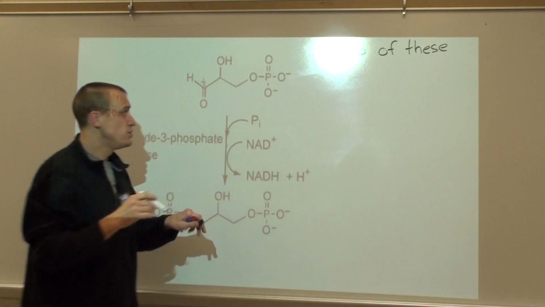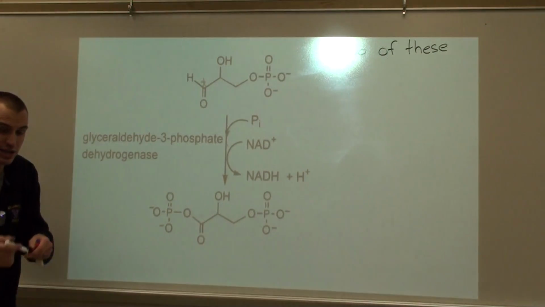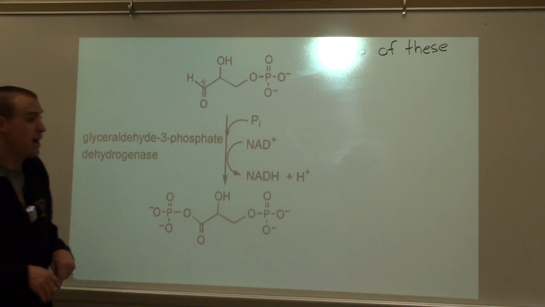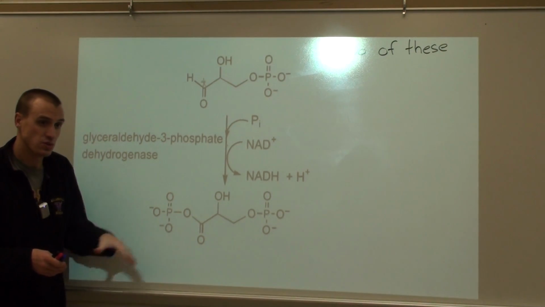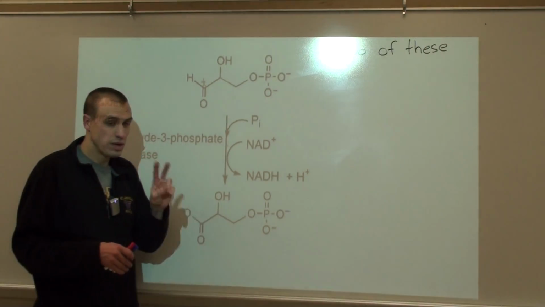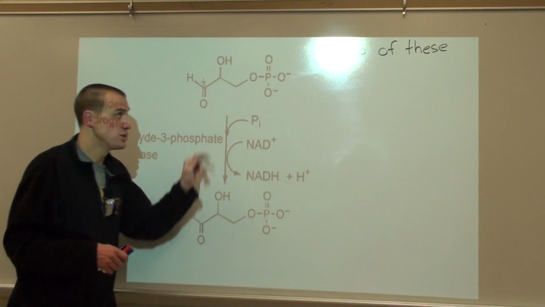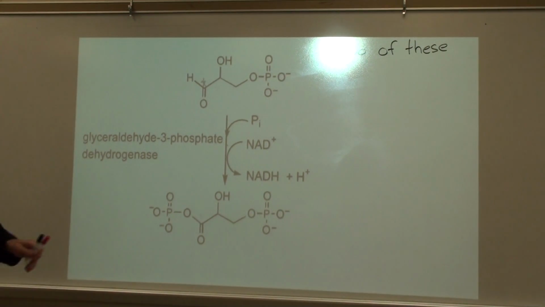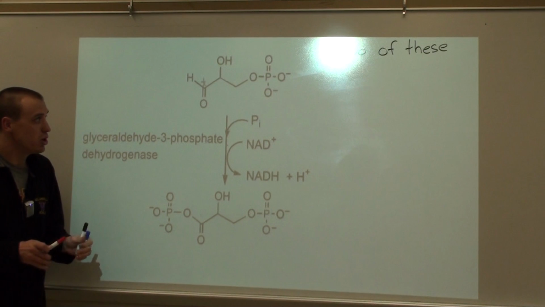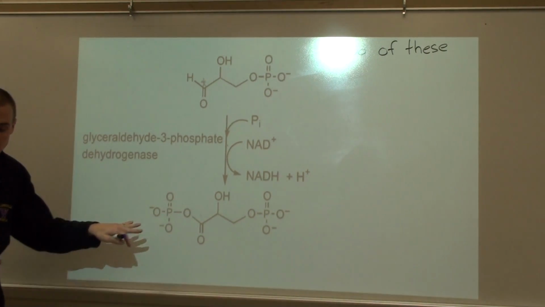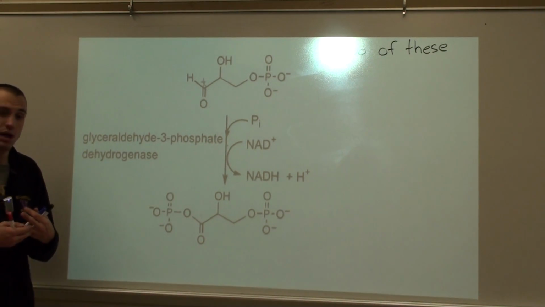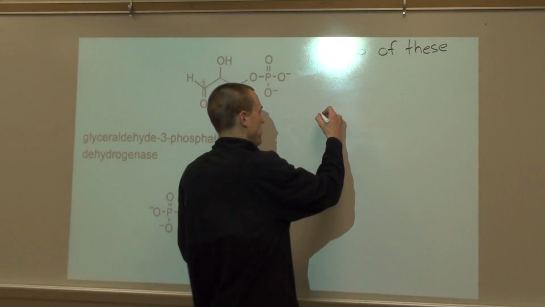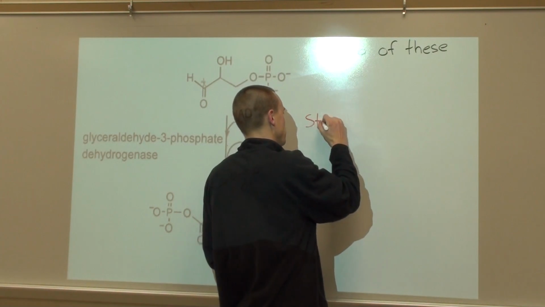And the reason that we have 2 of these is we went through that isomerization process and we end up with 2 glyceraldehyde 3-phosphates. So everything you see produced, we actually have 2 of because we started out with 2 of these molecules. So what we do here in step number 6 is we go through an oxidation process, or we oxidize our molecule, and we add phosphate, or we go through that phosphorylation.